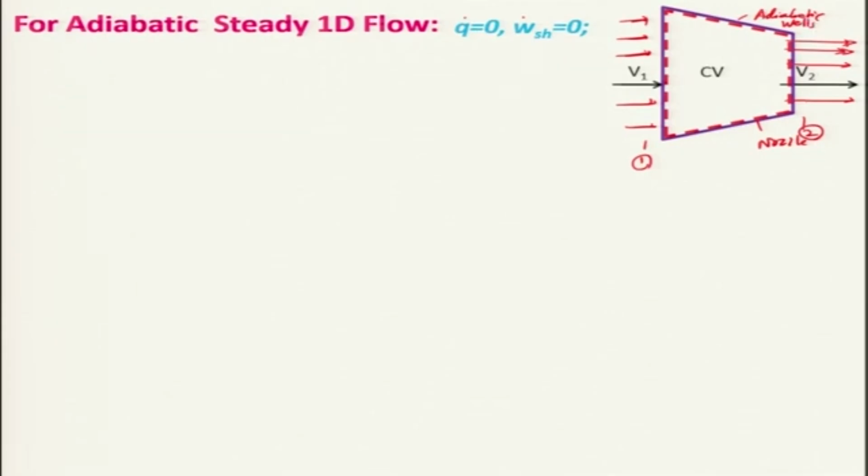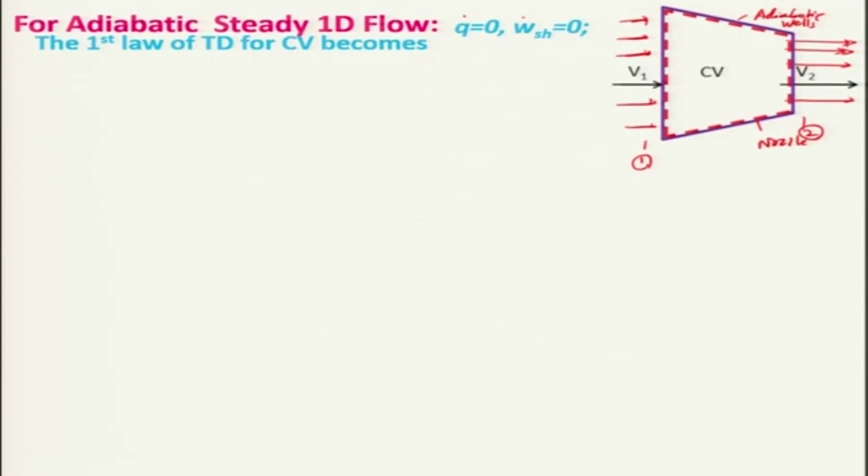Therefore, q dot is equal to 0. Considering this as one dimensional and also steady, that means there is no accumulation of mass, energy or momentum in this control volume. So, therefore, we can apply the first law of thermodynamics very easily.